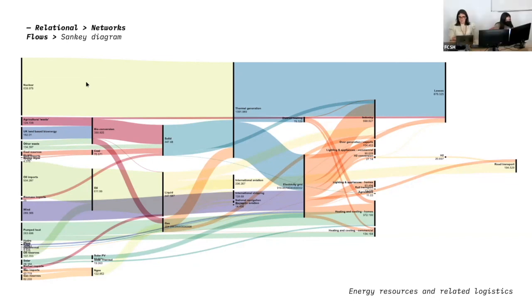I will try to answer you, and then if it's not clear, you can feel free to ask me again. Here, the Sankey diagram focuses on a network perspective. So it means that we have all the values, which are these lines on the left.